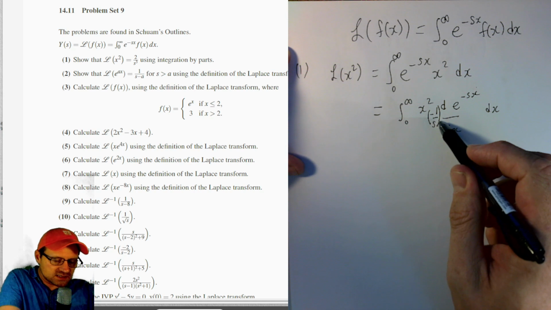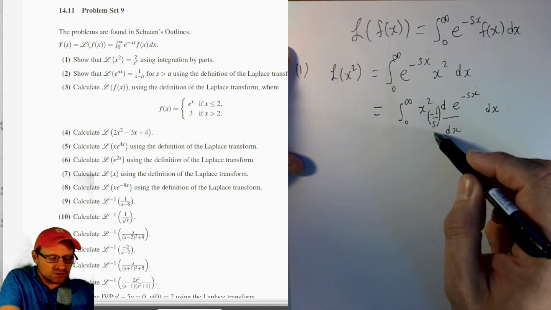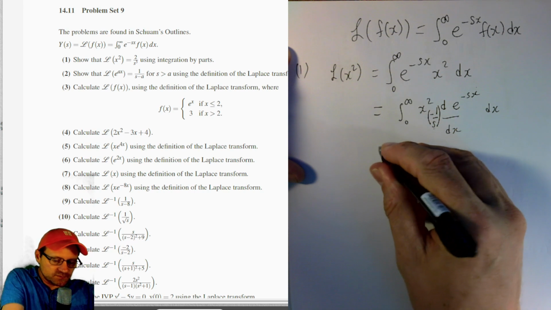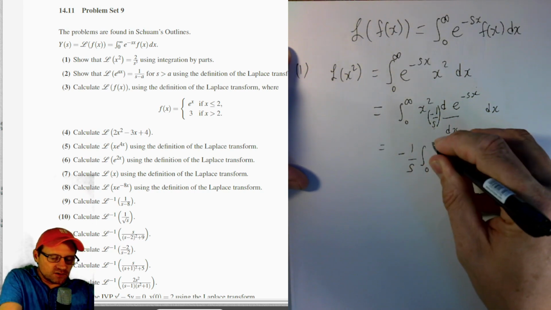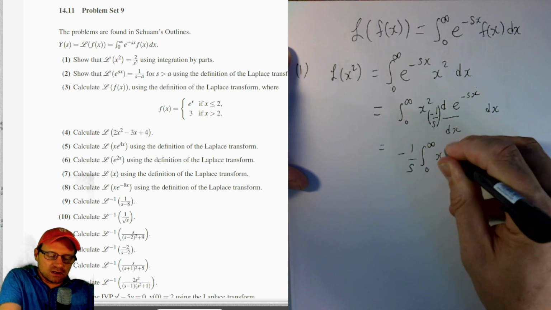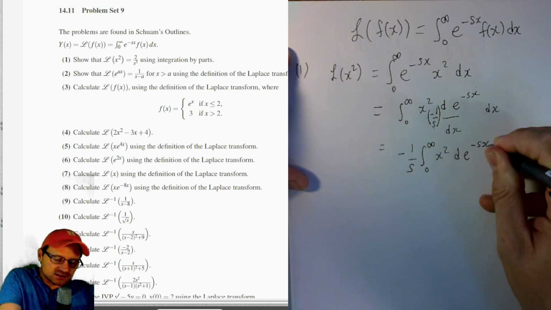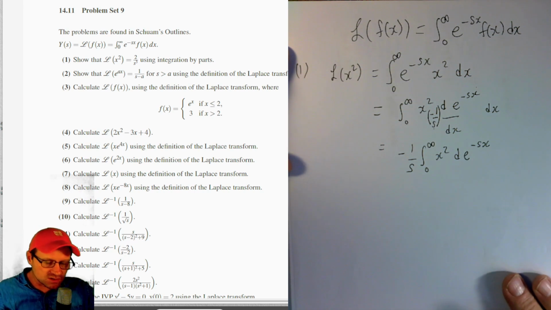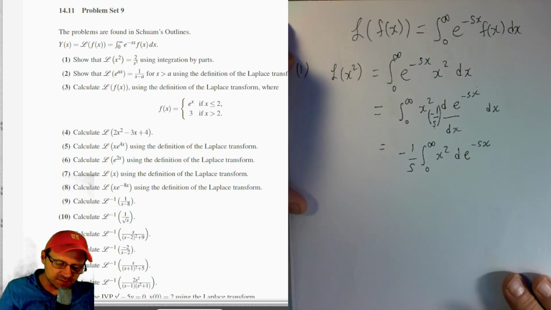With this, I can pull this out of the front because I treat that s as a constant here. So minus 1 on s, integral from 0 to infinity, x squared with respect to e to the minus sx by substitution. Okay, next, let's use that integration by parts formula.